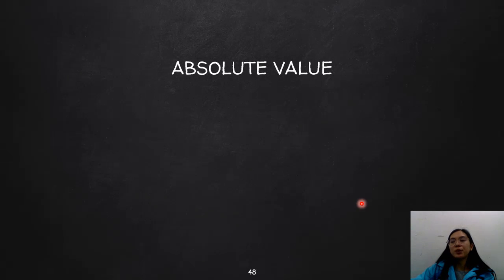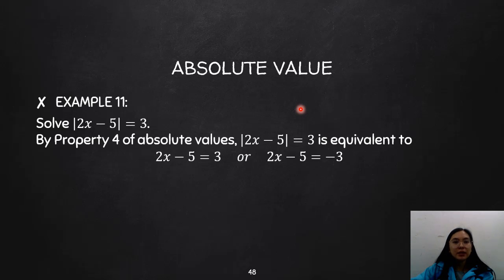So the properties of absolute value, mas maganda kasi maintindihan natin siya if we have an example. So let's go to example 11. Suppose we are to solve the absolute value of 2x minus 5 is equal to 3. By property 4 of absolute values, the absolute value of 2x minus 5 equal to 3 is equivalent to 2x minus 5 is equal to 3 or 2x minus 5 is equal to negative 3.